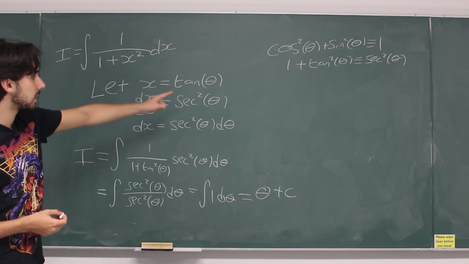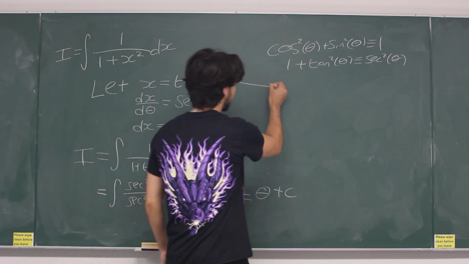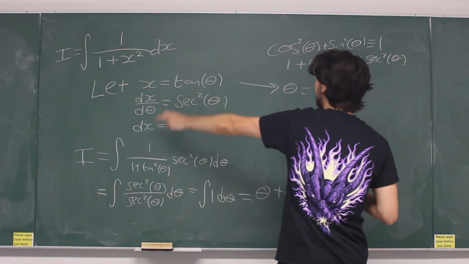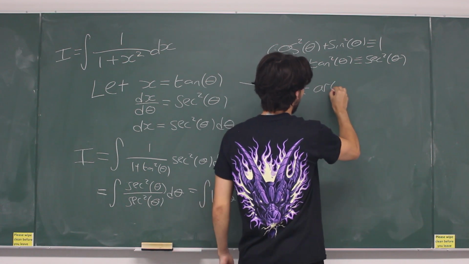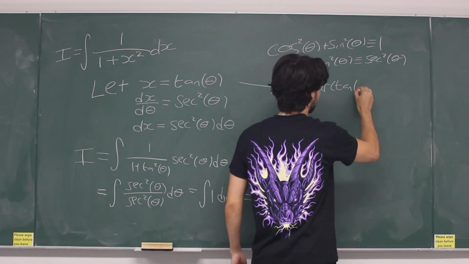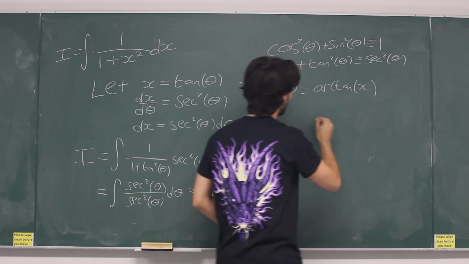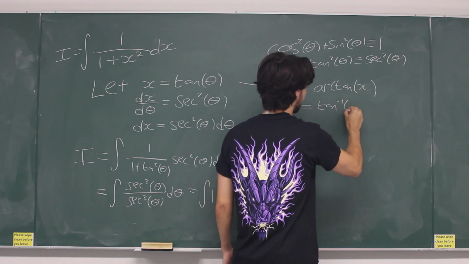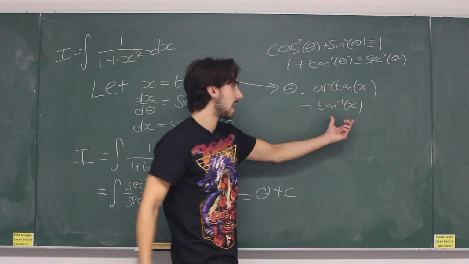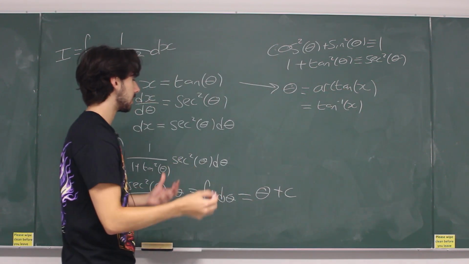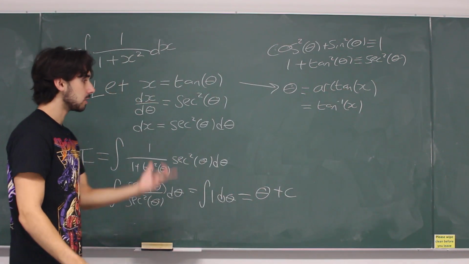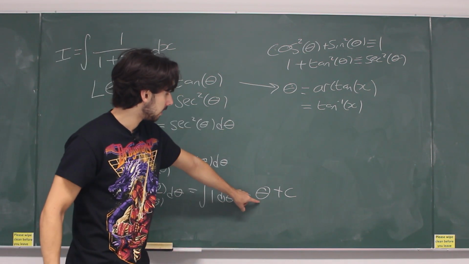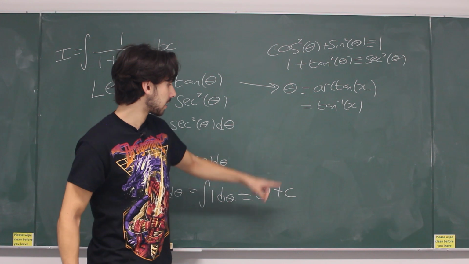We know that x is tan theta, which means that theta, if we take inverse tan on both sides of this, theta is equal to arc tan x, which some people like to write as tan to the minus 1 x. Inverse tan, arc tan, they're the same thing. They're literally identical to each other, just different notation, whichever one you prefer. And that is what we would put here. So the integral is equal to arc tan x plus c.